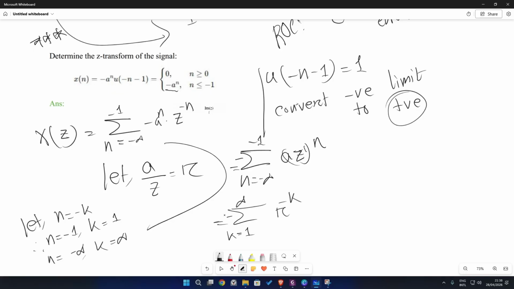We have replaced both of them. Now we know the formula: it is r plus r squared plus r cubed, and it goes on. Now we can write it in simplified form.